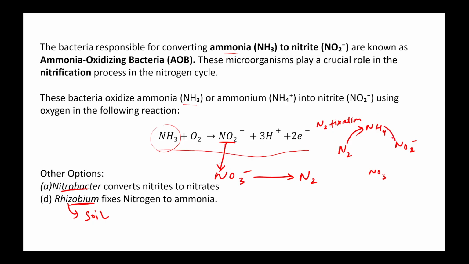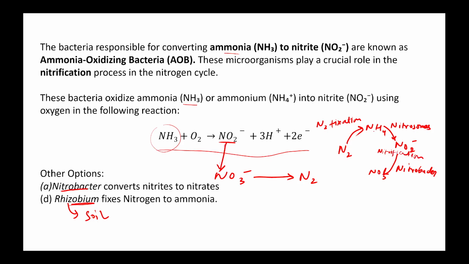Then this ammonia is converted to nitrites by Nitrosomonas, and nitrites are converted into nitrates by Nitrobacter. Both of these steps are part of the nitrification process. These two combined are called nitrification.